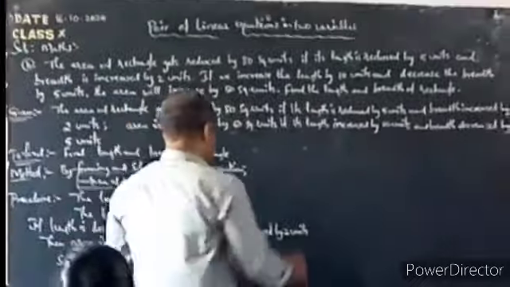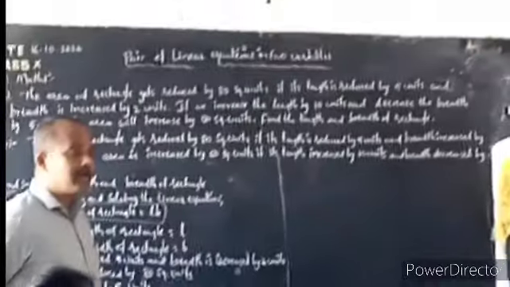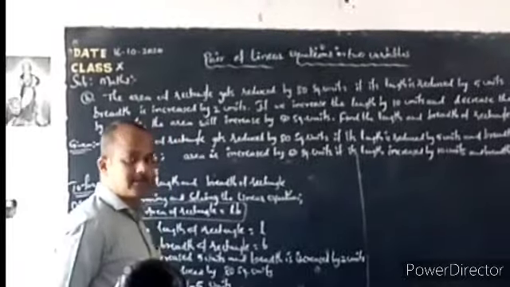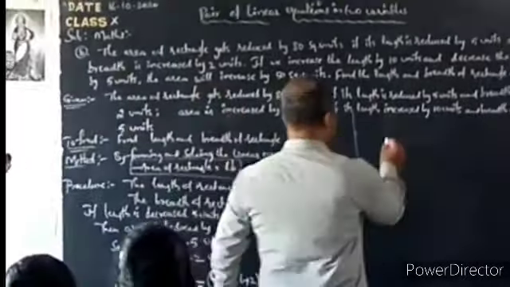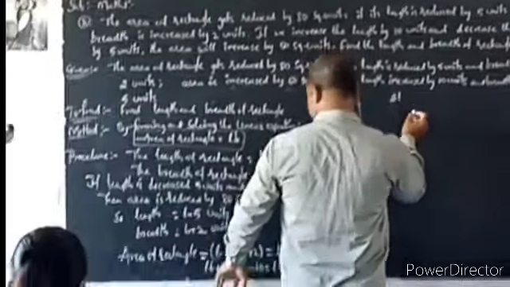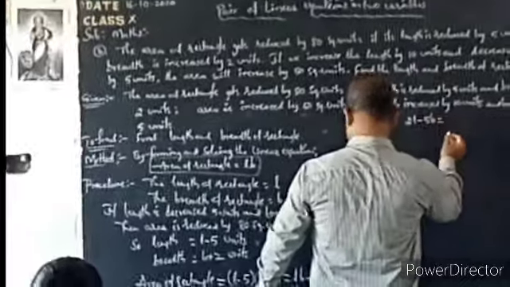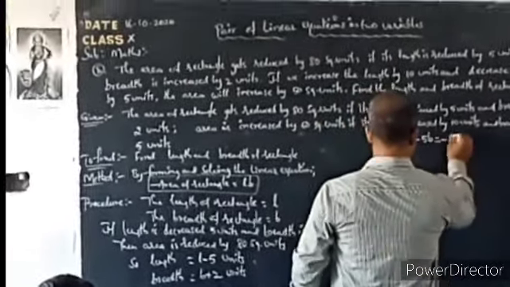Now both sides we have LB terms, on the LHS and RHS. If we transpose either LHS to RHS or RHS to LHS, both will be cancelled. So what remains? 2L minus 5B equals minus 80.